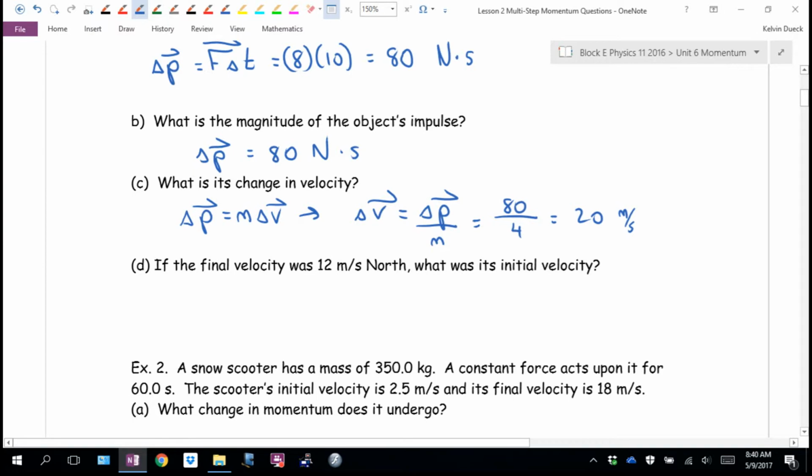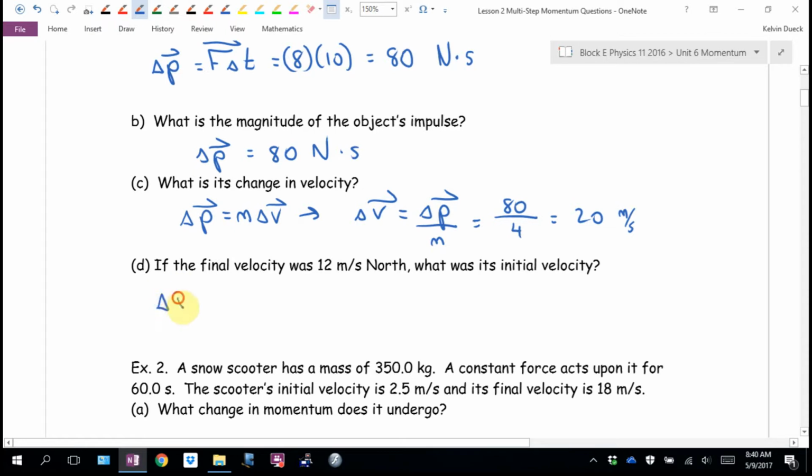D, if the final velocity was 12 meters per second north, what was its initial velocity? What did we find in part C? What's change in anything? So here's what I would write down.